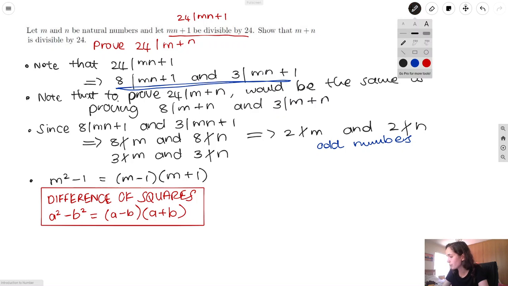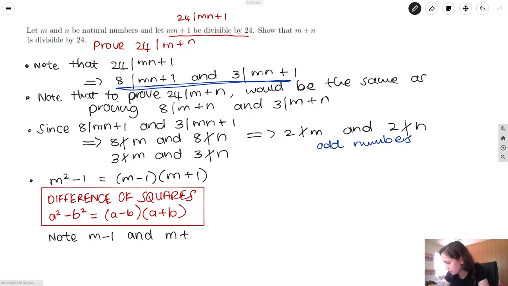Now, from this we can see that m squared minus 1, so note m minus 1 and m plus 1 will be two consecutive even numbers.